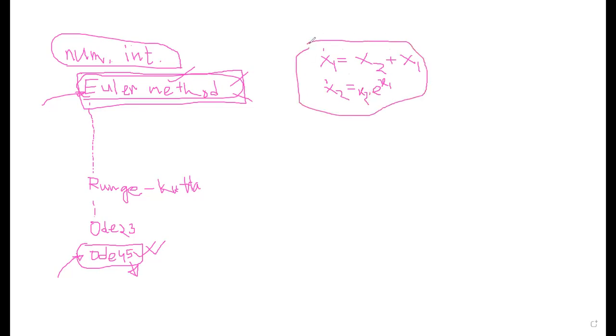Just take an example. This is our second order ODE. How do you apply Euler's method to this second order system to get the responses, x1 versus time and x2 versus time?